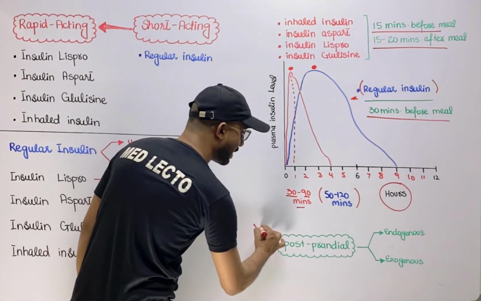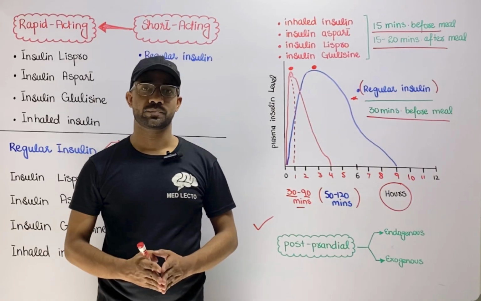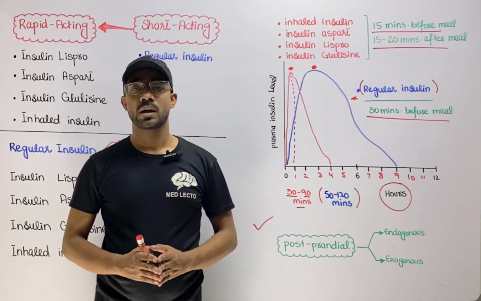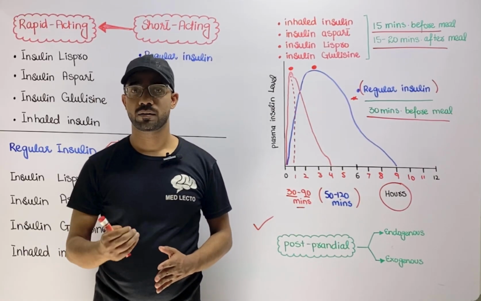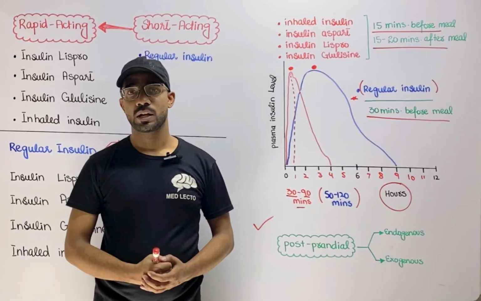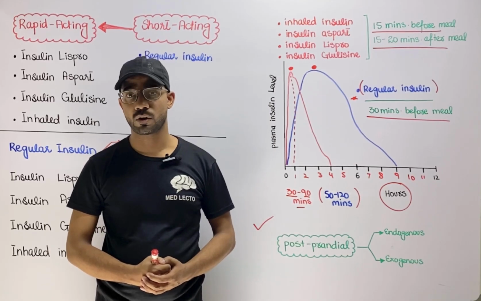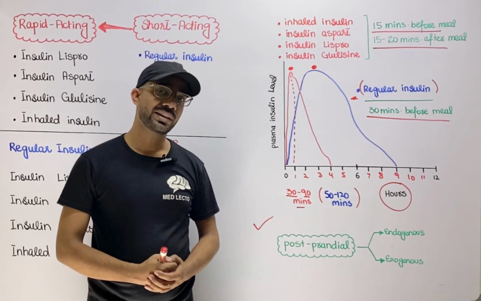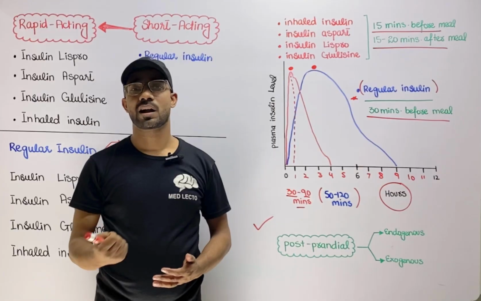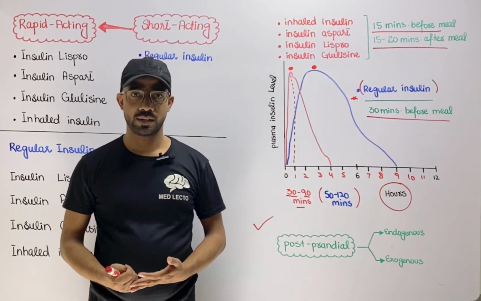Now postprandial glucose level: after taking a meal, the blood sugar level starts increasing. In a normal situation, your body will produce the insulin through the beta cells of the pancreas, and after some time, it will start decreasing the level of the glucose to the normal level.